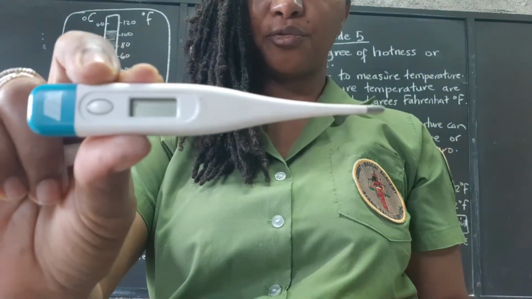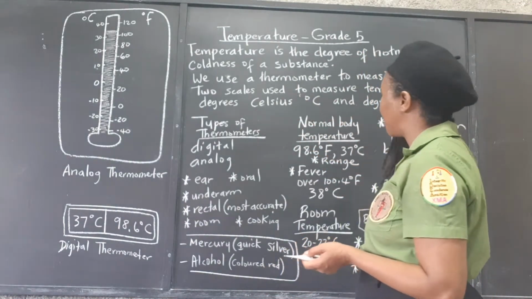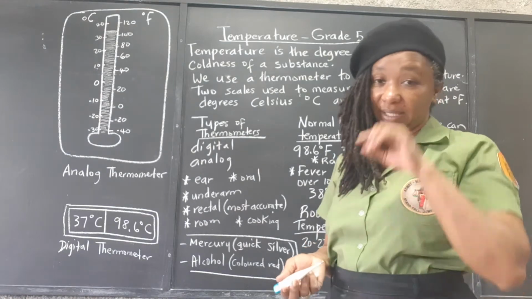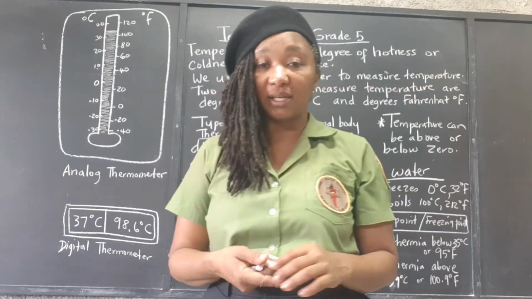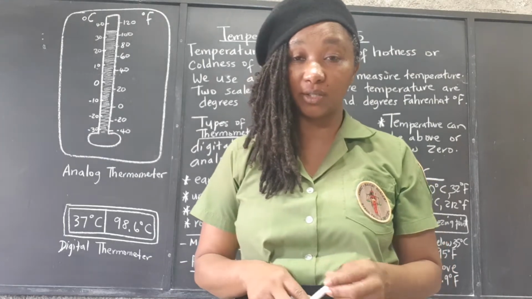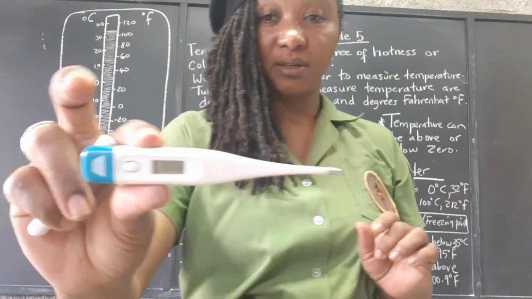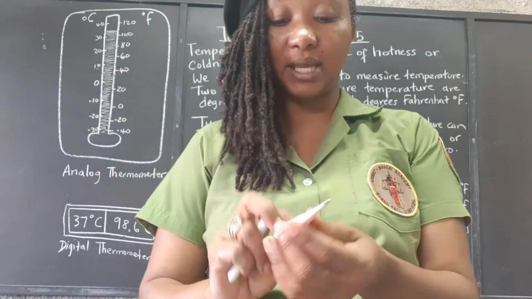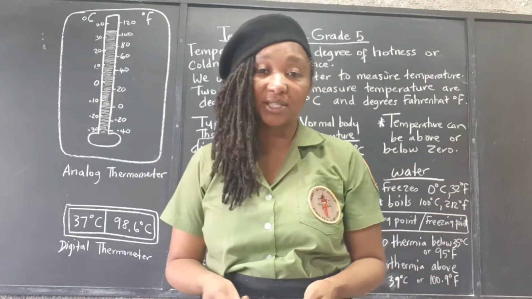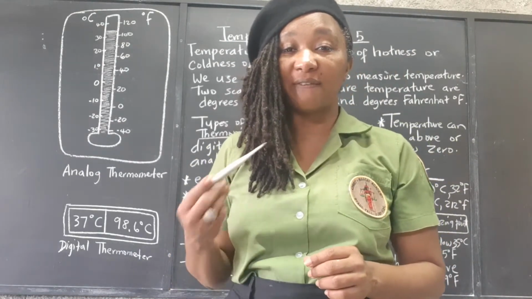So it will give you the reading in the two scales. The two scales used to measure temperature are degrees Celsius and degrees Fahrenheit. Now there is another scale, degrees Kelvin, which is used in chemistry also. So on the digital thermometer, you will see on the screen the reading in degrees Celsius, and then you press again if you want the reading in degrees Fahrenheit.